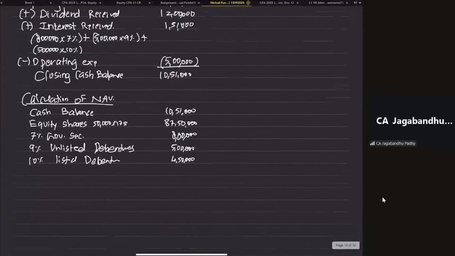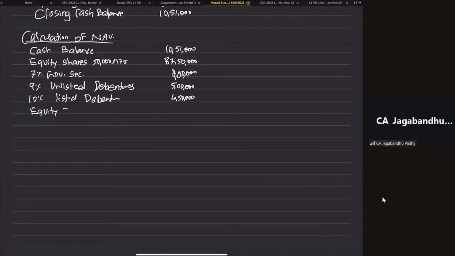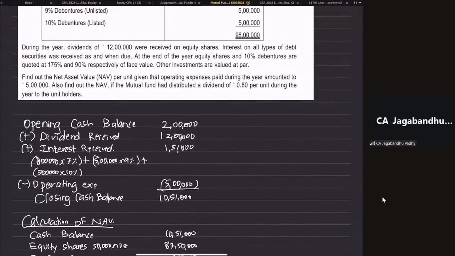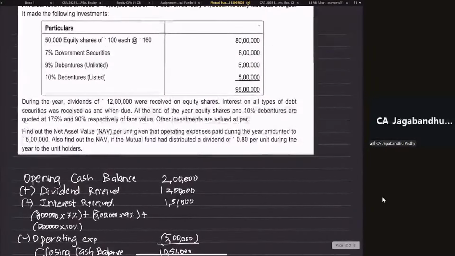And then after 10% debentures, we have the equity shares. 80 lakh is the value of equity shares, but they're valued at 175%. Equity shares is done already, 87 lakh it is done. So we have added all of that.